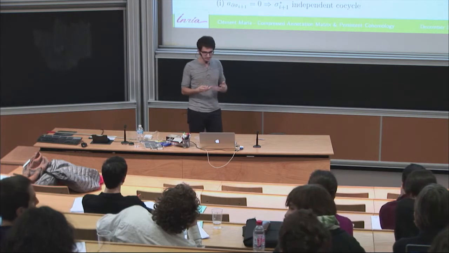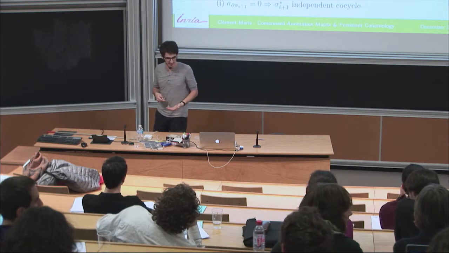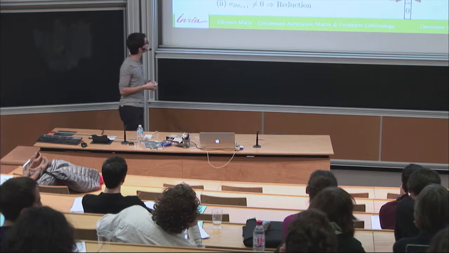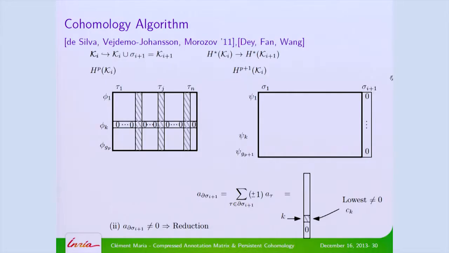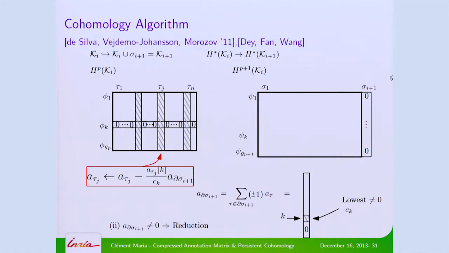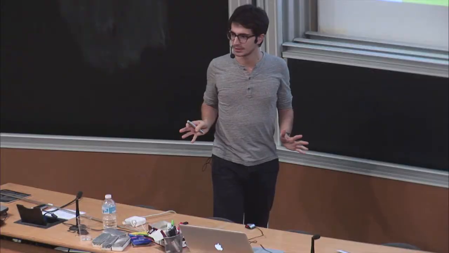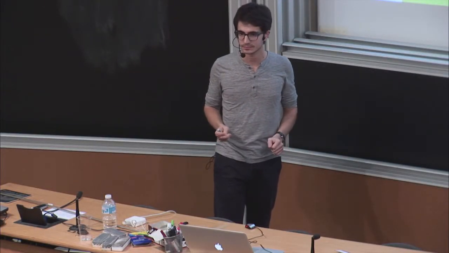Creating something is basically adding a new row, and destroying something is doing a reduction in the matrix, so that I'm getting 0 on a row phi k here. So any questions about the algorithm?